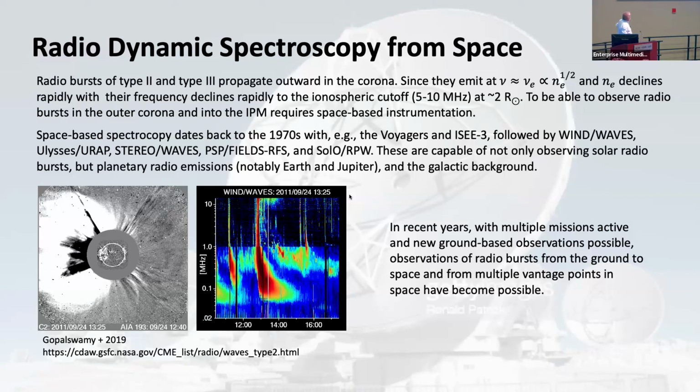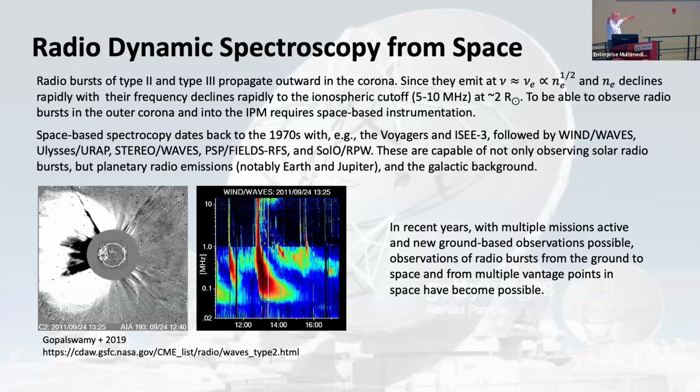The Voyagers, IMP-8, Wind Waves, Ulysses, STEREO, now Parker, and Solar Orbiter all carried radio spectrometers, operating, as you'll see here, from 13 megahertz all the way down to tiny fractions of a megahertz. In fact, Voyager, as I'll show you, goes all the way down to kilohertz.